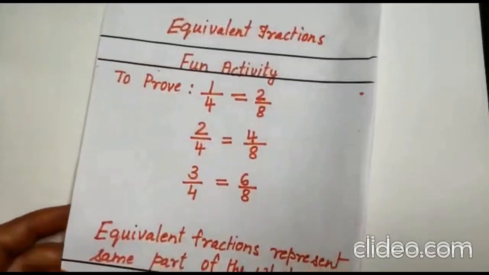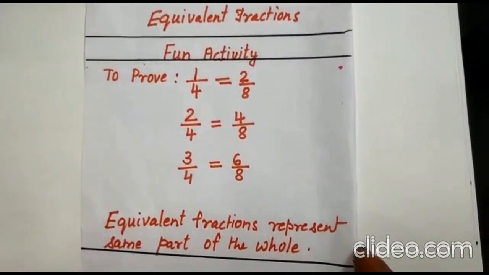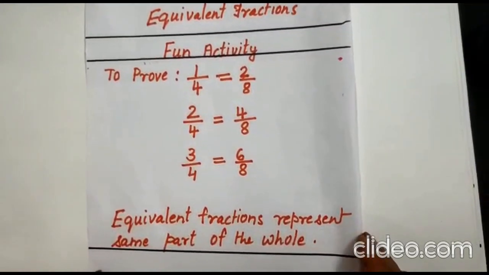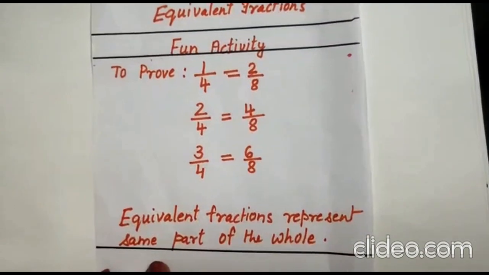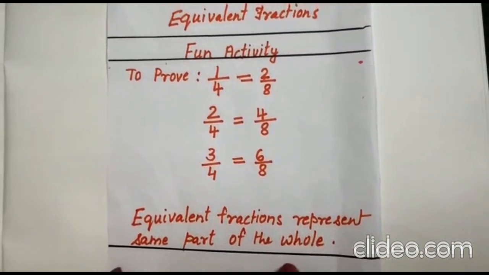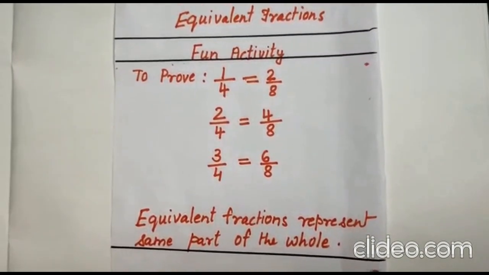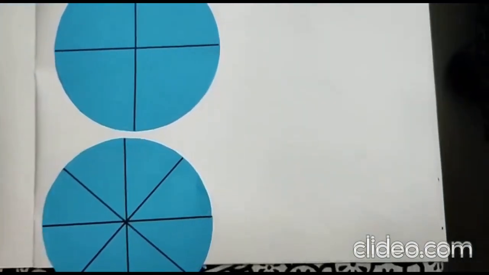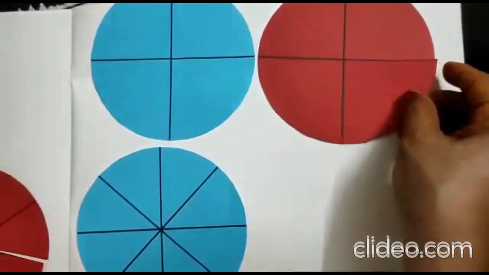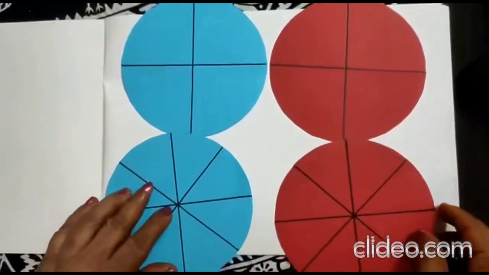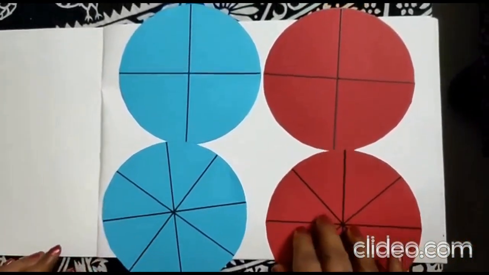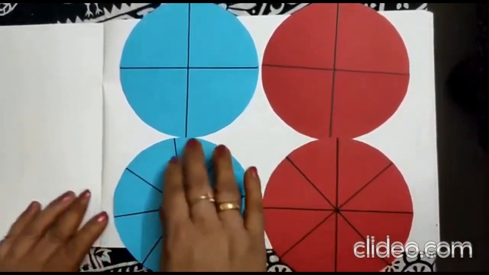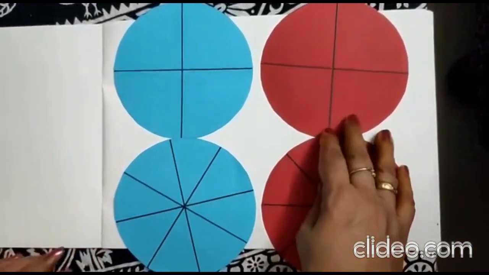Now let's do a fun activity to understand equivalent fractions. To prove that equivalent fractions represent same part of the whole. For this fun activity, we require 4 circles of same size and out of which 2 are of the same color.